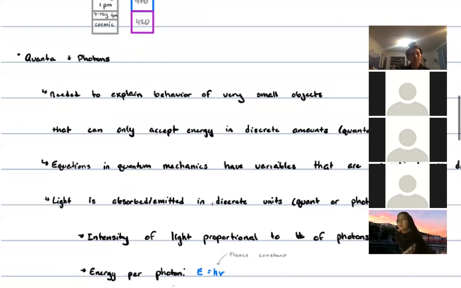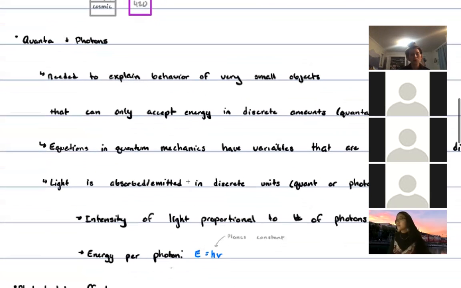Okay, so the next thing that we basically talked about was quanta and photons, and that's just the idea that as we get into very, very small objects, they start coming in basically packets of energy, so we can't look at them just as we do in physics, as large objects that have constant motion or constantly move in a wave-like fashion.